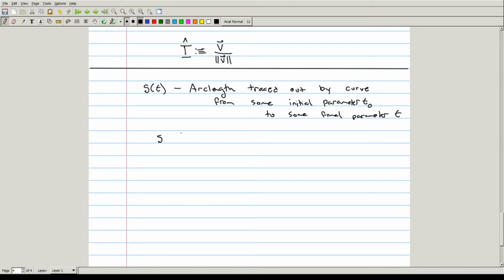And the way that we define this is as follows. We know that s of t is equal to the definite integral from 0 to whatever that value is of 1 ds.